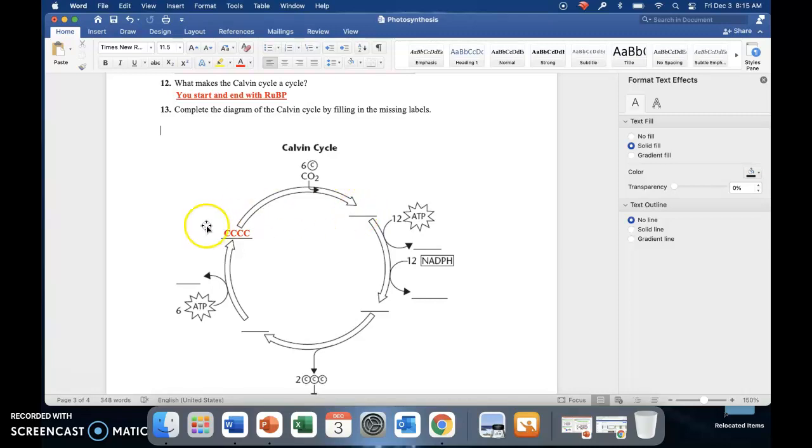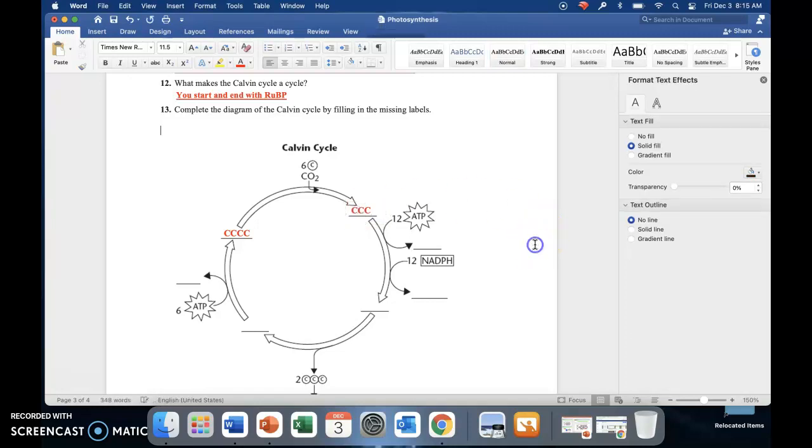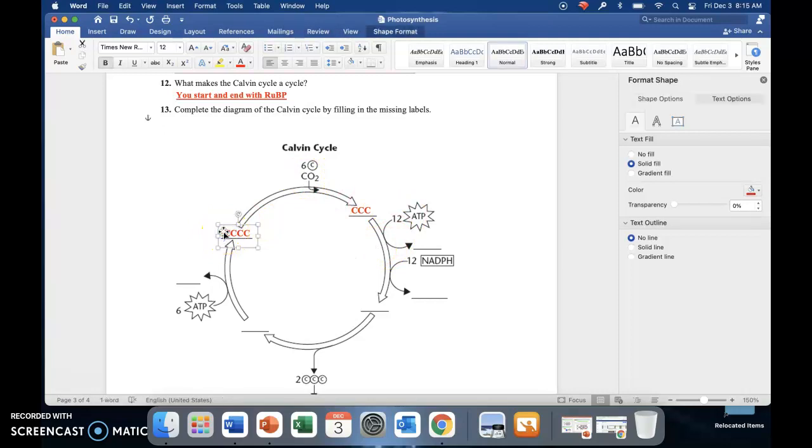And what we end up with over here is, let me copy this and paste. What we end up with over here is something called 3-phosphoglycerate. 3-phosphoglycerate only has 3 carbons. Now you can see they are keeping numbers along the way, so I should have been doing that also.